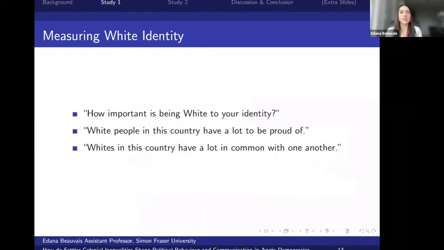She has a book called White Identity Politics, where she has three items that ask how important is being white to your identity, white people in this country have a lot to be proud of, and whites in this country have a lot in common with one another. Using those three items, I created a summated scale, which I then standardized. I'll talk about how to interpret standardized scales when I discuss my results. So that's my measure of white identity, one of my two main independent variables in the analysis.